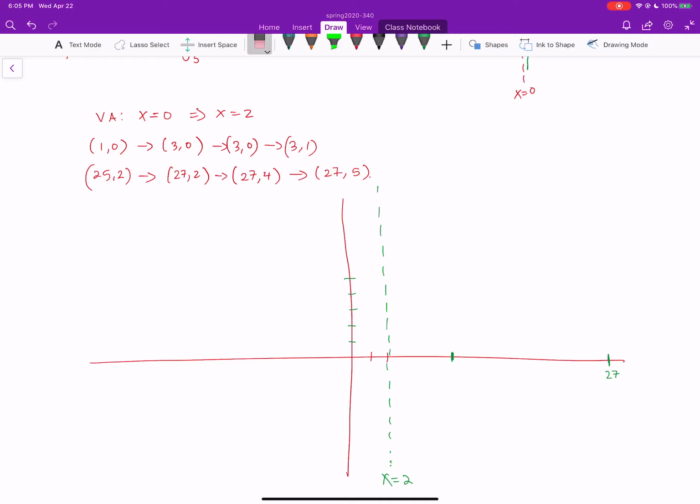It's supposed to be 3, so 3 is somewhere here. Okay, so 3 and 1 is there, and then 27 and 5, 1, 2, 3, 4, 5 is over here. So the graph looks something like that. Clearly, this is not drawn to scale, but you'll get the idea.